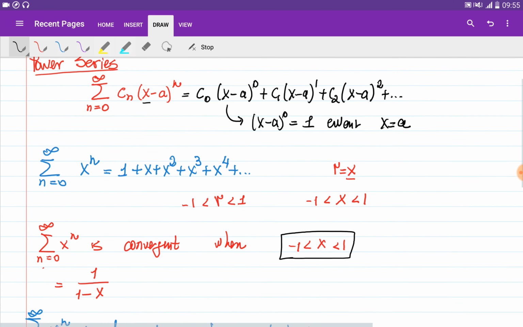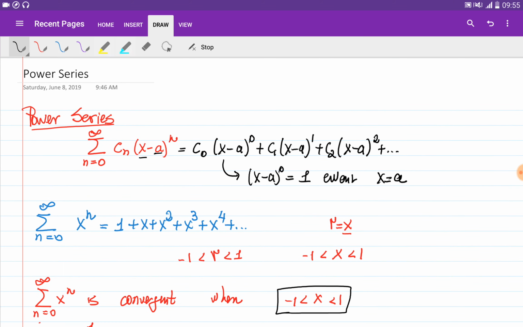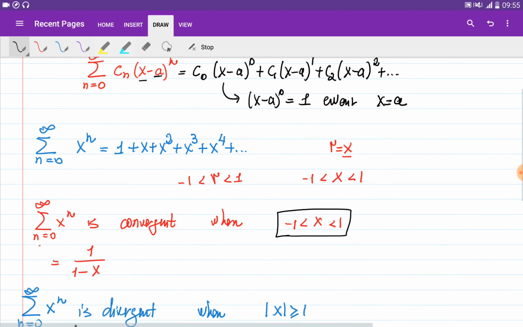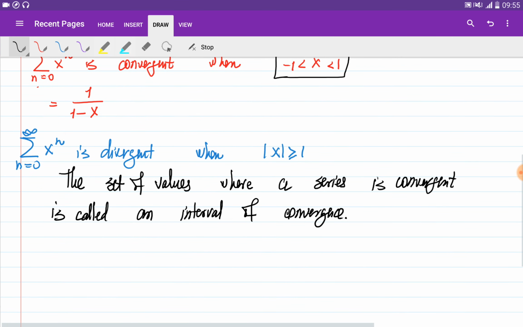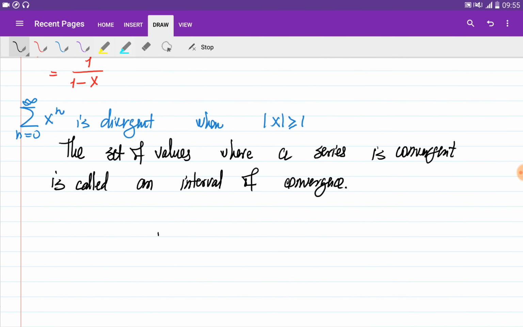So please note that here the a value means the center of the power series. In our example of x to the power of n, the center of the power series is equal to 0. So basically, if I would like to write down the interval of convergence, it's going to be x, with the center of the power series at 0, and this is convergent when x is between -1 and 1.